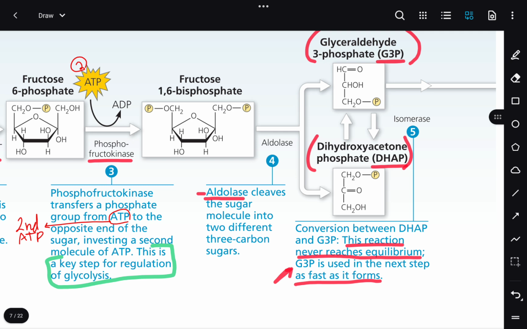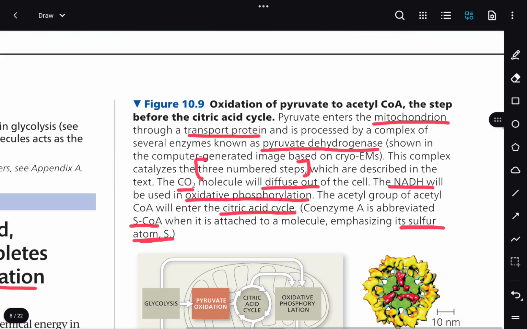It's also an isomerase, triose phosphate isomerase. This will never reach equilibrium. So based on maybe supply and demand or availability, they will continue being exchanged. So 6 steps.